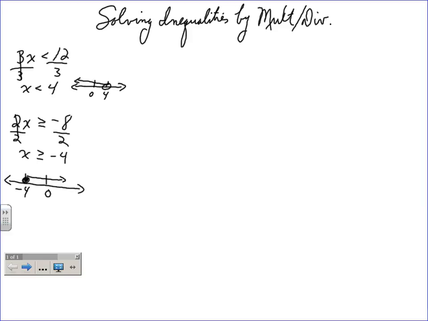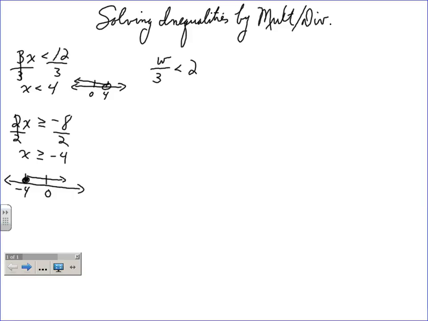Okay? Those are inequalities. Let's take a division one. Let's say w over 3 is less than 2. Some number w divided by 3 is less than 2. And how do we solve that problem?